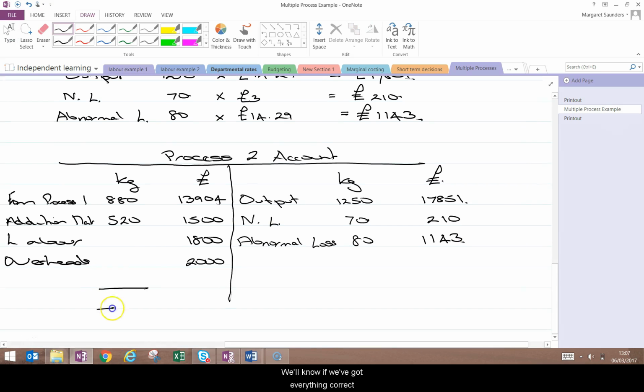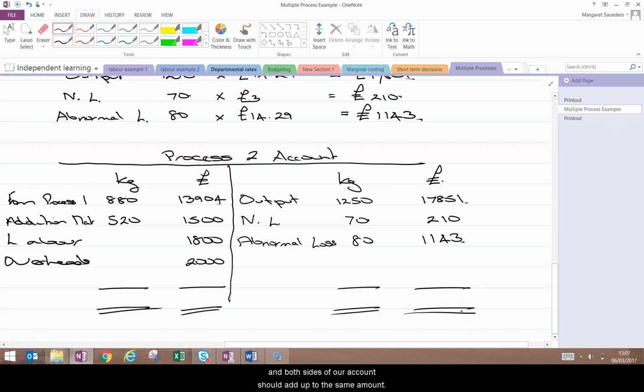So we'll know if we've got everything correct by balancing off, and both sides of our account should add up to the same amount. If we add up the kilos on the debit side, they come to 1400. If we add up the kilos on the credit side, they also come to 1400.